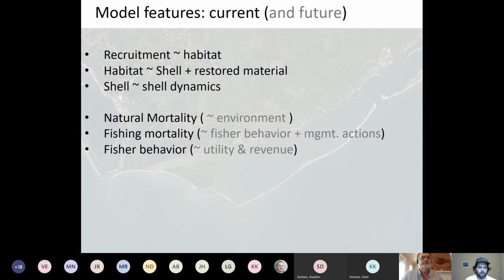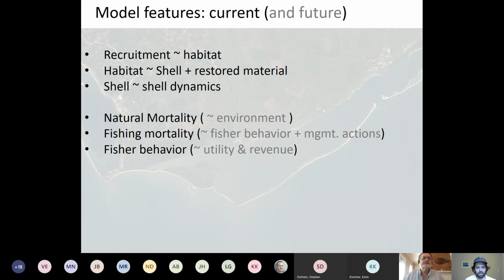The other things that this model would have that you would expect: it has natural mortality. Right now it's fixed, but we can make it a function of the environment if we would like it to be. It has fishing mortality, which is right now exacted through fishing effort and catchability. Either one of those things can be changed, most notably fishing effort.